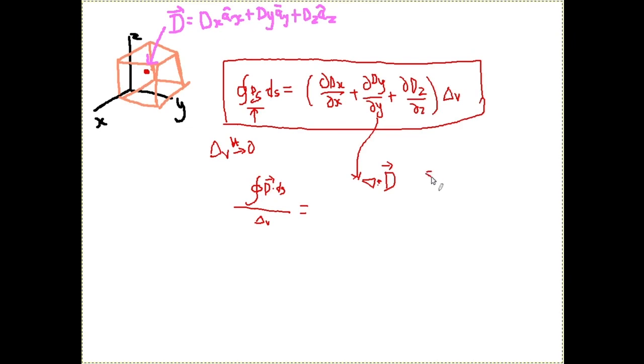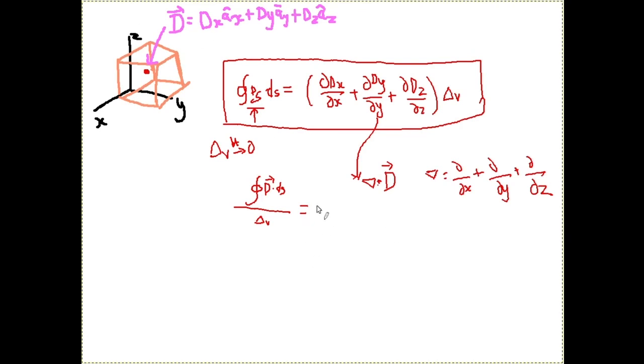The nabla operator is going to represent only ∂/∂x plus ∂/∂y plus ∂/∂z. If I take Dx plus Dy plus Dz, anyway I'll end up with the same combination of the vector equation.